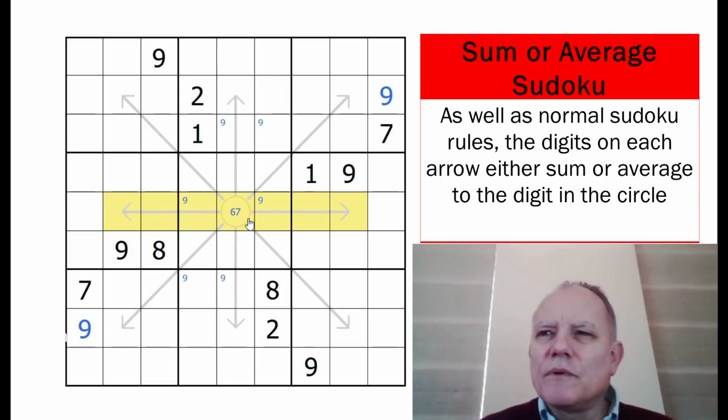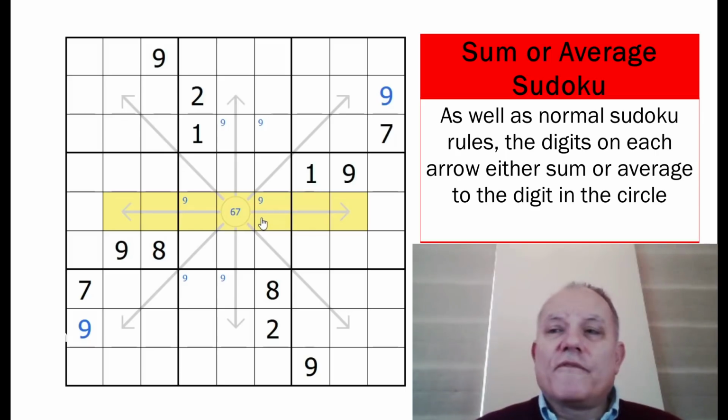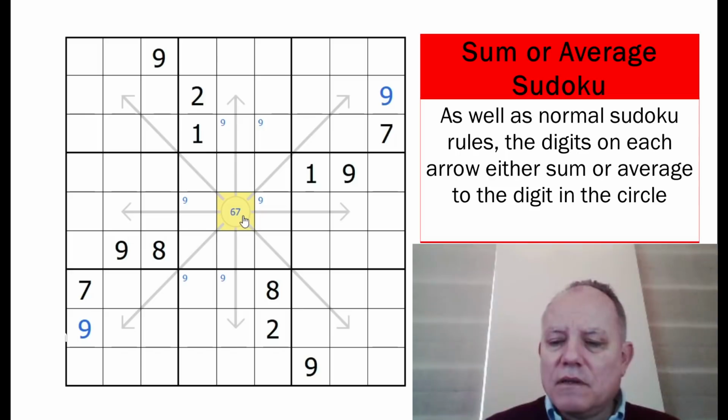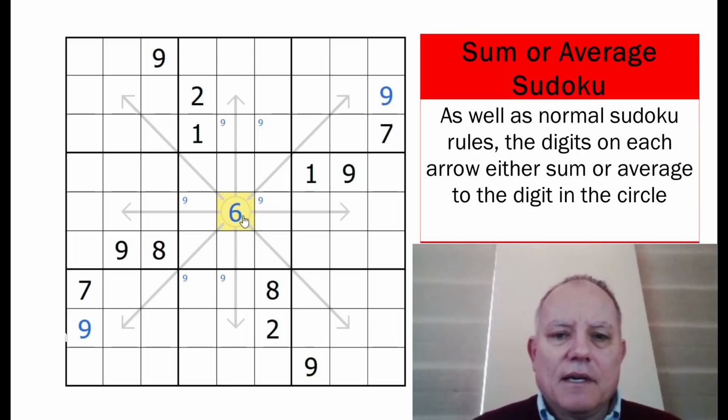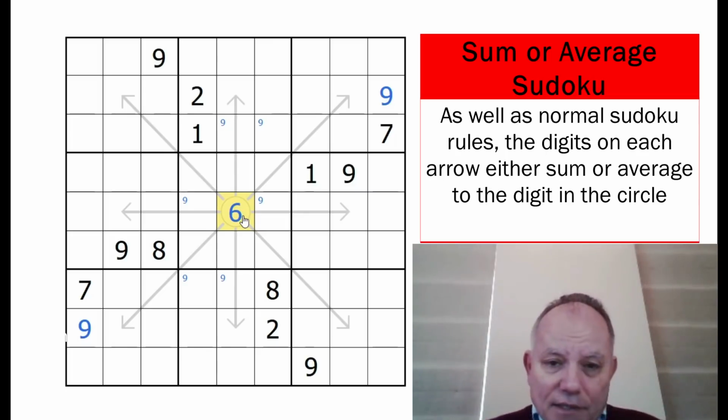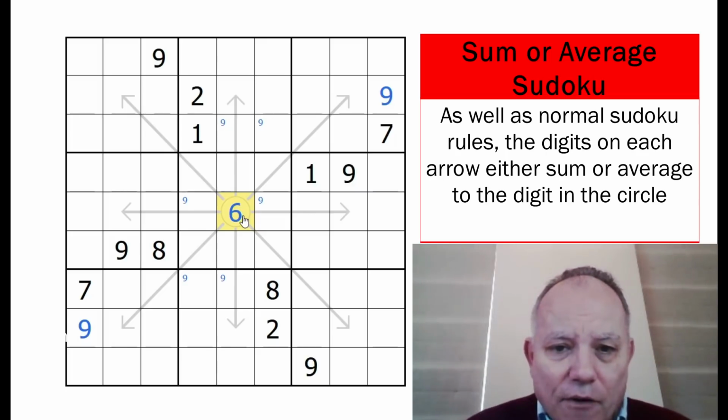I don't think it is possible. In fact, the way to look at it is you'd have to make 10 on the outsides from 9, 8, 6, 5, 3, and there is no combination. It can't be 7. 7 is ruled out. This central cell is a 6. And that took some working out. You know, what are we, 8 minutes in? That's just mad that it's taken that long. But there we go.